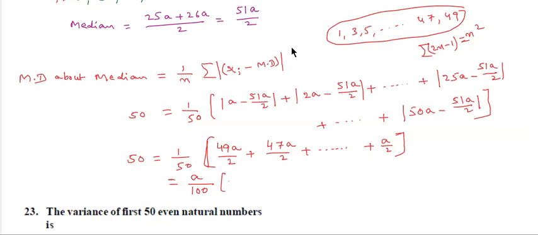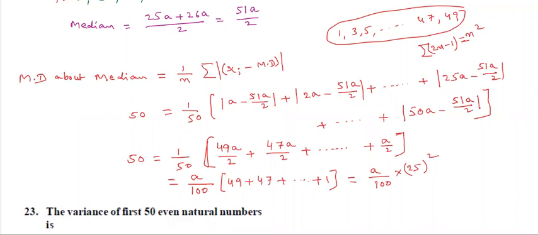So 49 plus 47 plus and so on up to 1. These are 25 odd numbers. Now we get 25 whole square. Yes or no?